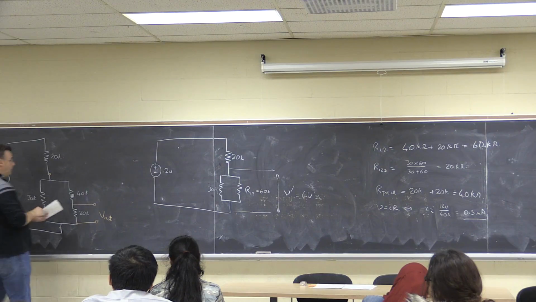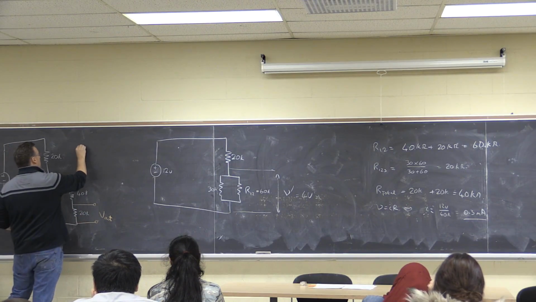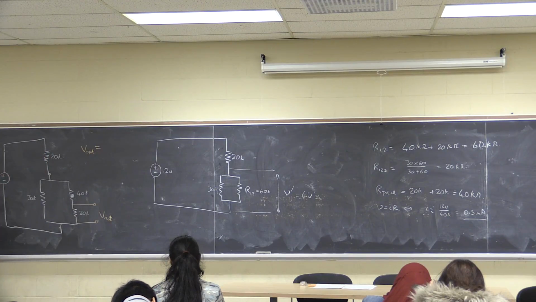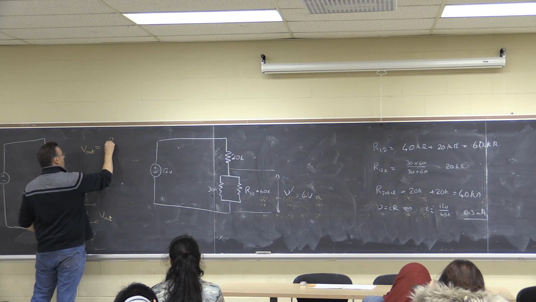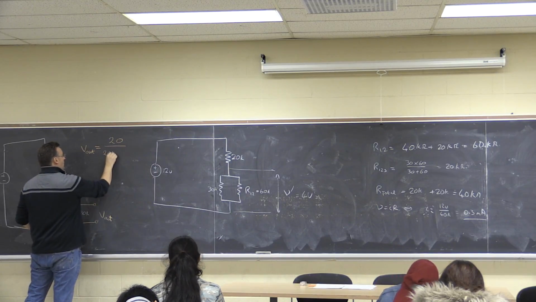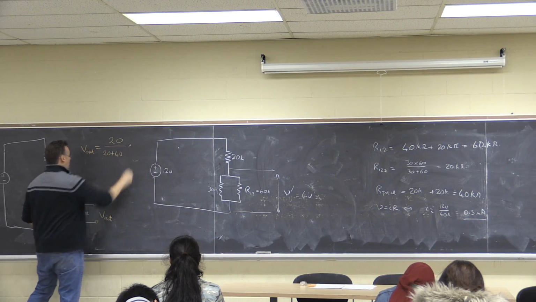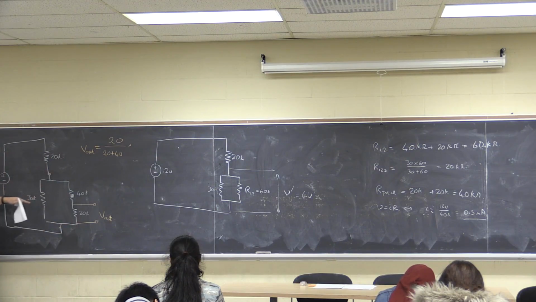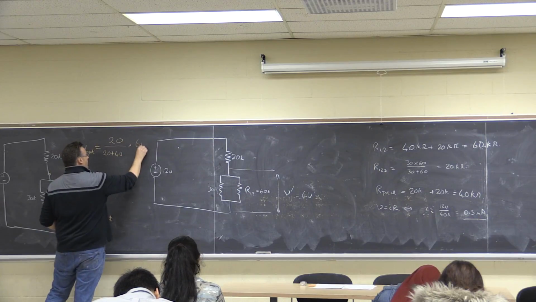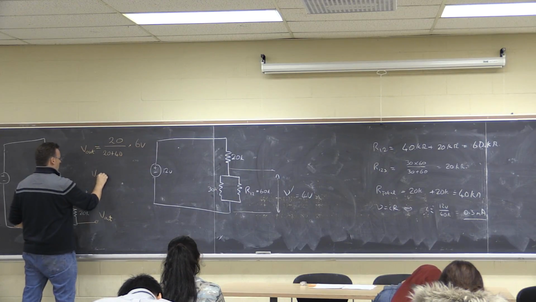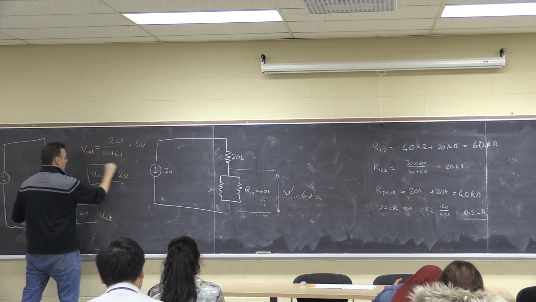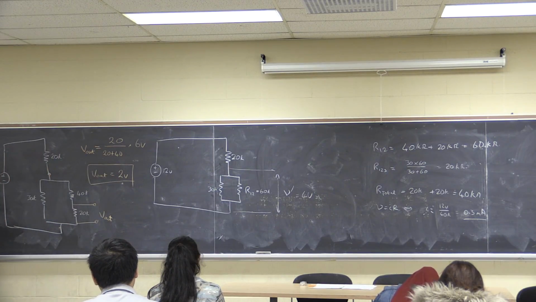And that tells me V out equals the 20K, over which I'm measuring the voltage, divided by the total, which is the 20 plus 40, multiplied by the voltage I'm dropping across the whole thing, which in this case is 6 volts. So V out should be 2 volts.